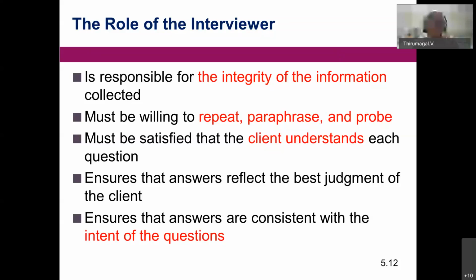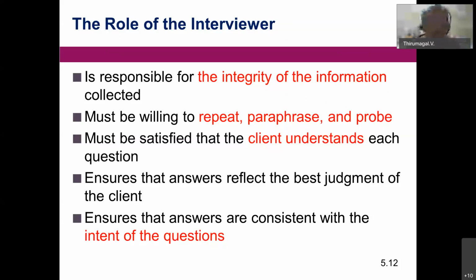You are responsible for getting complete and correct information. Sometimes we may have to repeat it using simple language. You may have to use the terms that you generally use in your community. Sometimes you may have to summarize and tell the client, have I understood it right?